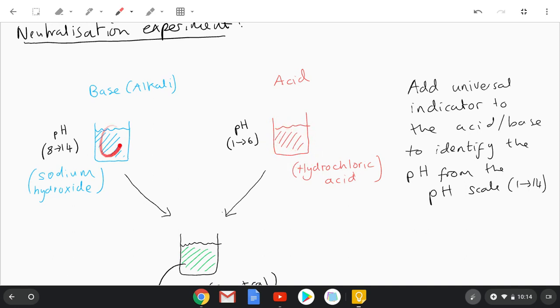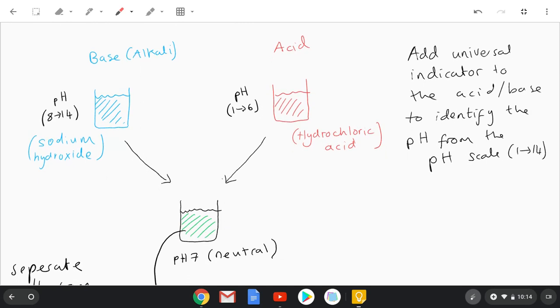Now, when we added universal indicator to the acid, it turned red. We didn't add the universal indicator to the alkali in that demonstration, but if we did, it would have turned blue. Now, when we mix the two together, an equal strength of base added to an equal strength of acid, eventually the color of that universal indicator would turn neutral.